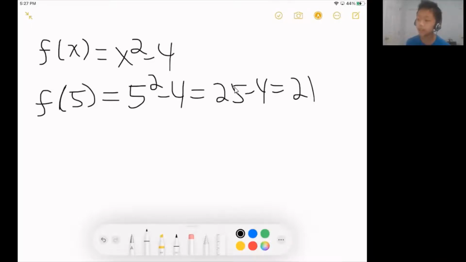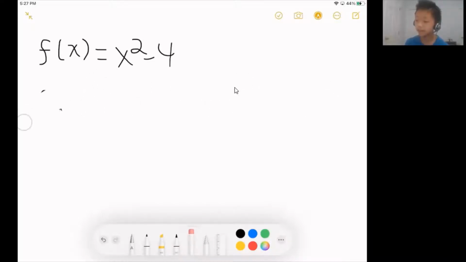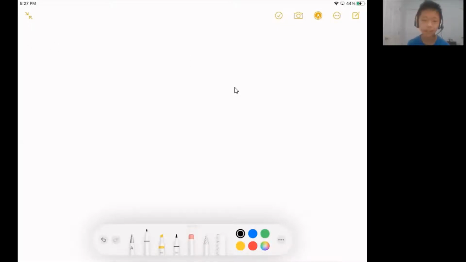The next thing about functions we'll talk about is combining functions. If you want to combine functions, you do exactly the same thing you would do with normal addition.